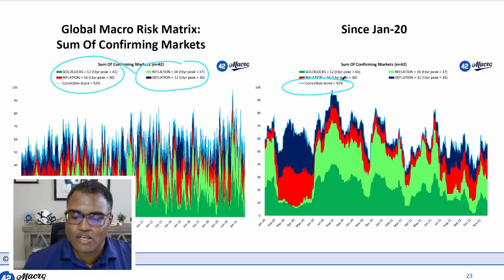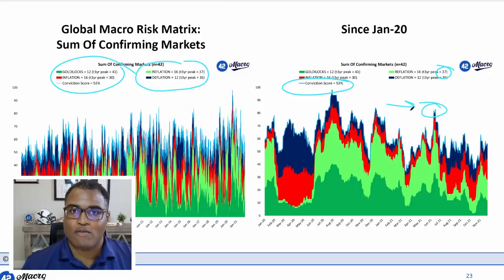And one example of this is going back to early June. Sometimes the pricing in of the regimes can actually get too dominant. This was early June here, where reflation was the dominant market regime. It was just shy of its trailing 3-year peak. So at this particular time, I believe 35 or 36 of those 42 markets were saying reflation.